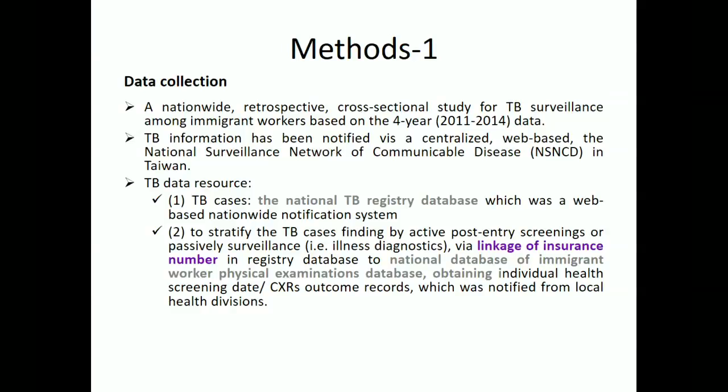Data was obtained from the National TB Registry Database, which is a web-based nationwide notification system, and we stratified the TB case finding by active post-entry screening or passive surveillance.